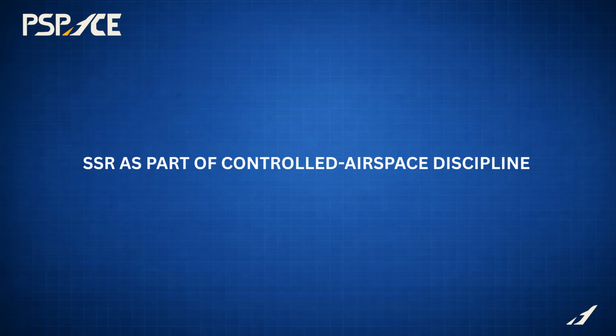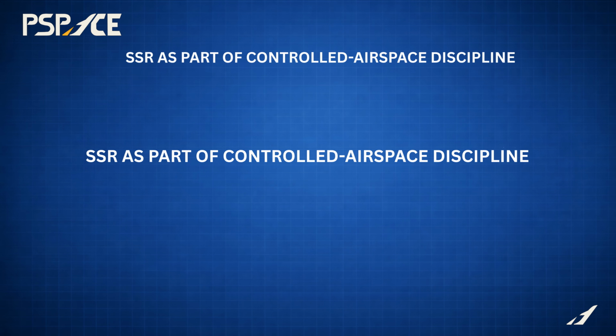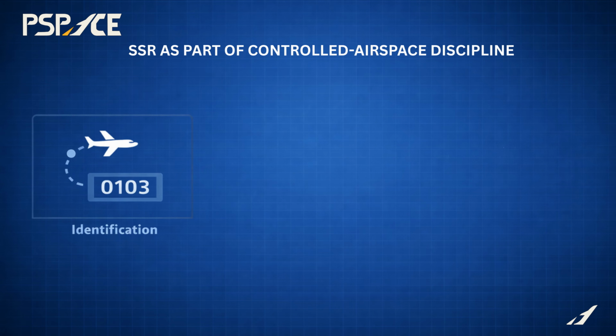The lesson also focuses on the commander's responsibilities concerning operation of SSR. In controlled airspace, SSR is part of the surveillance and identification framework through which ATS interprets and manages the aircraft's progress.